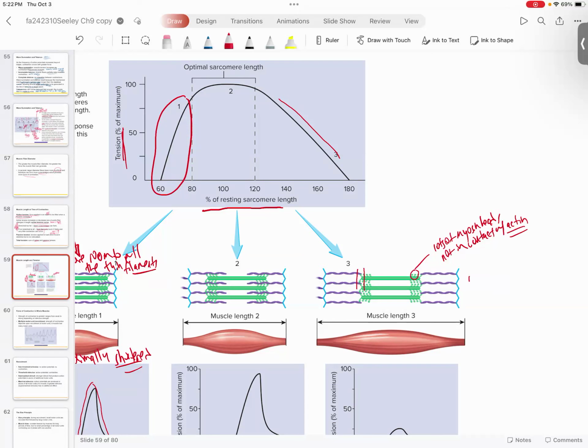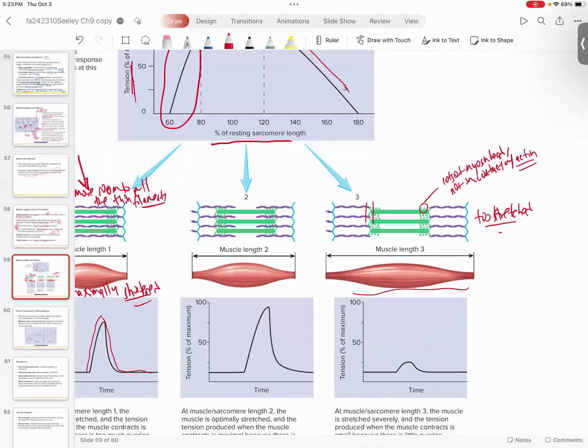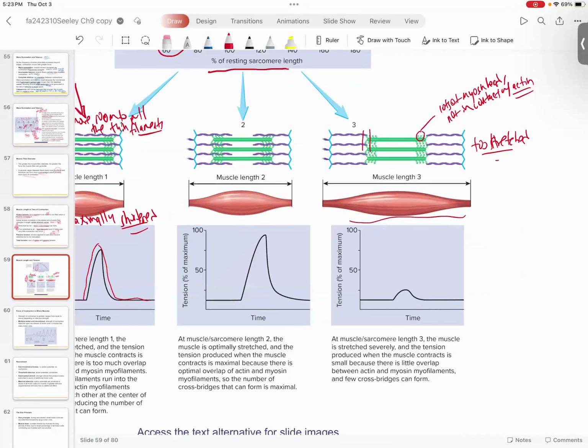So in this case, basically, you're talking about being too stretched, too long. So you can see how long it is, how elongated it is. So since it's too long or too stretched, you don't have all these heads attached maximally to actin. And so what's going to happen is you're going to get a very, very small amount of tension because simply your actin is simply not going to be able to make contact with those myosin heads.